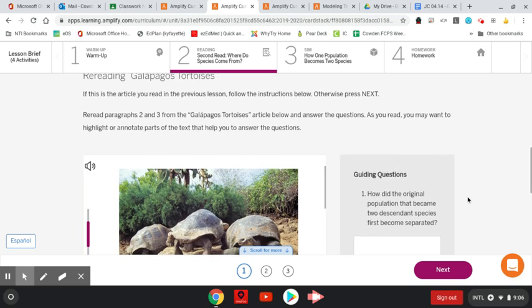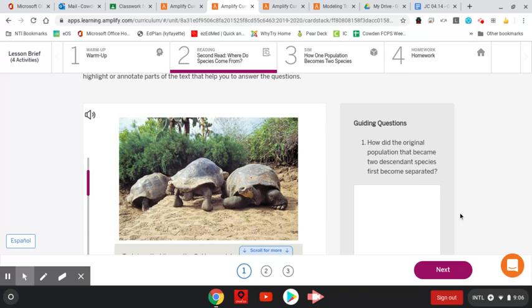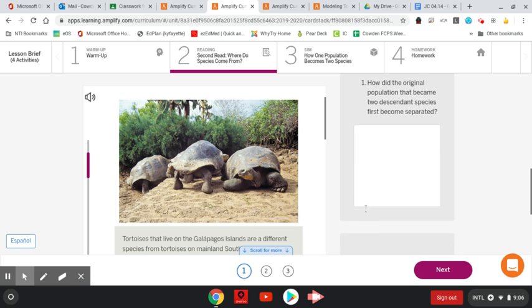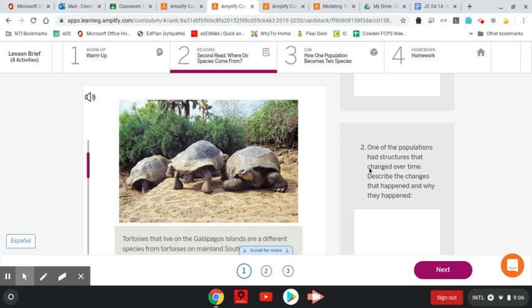So, how did the original population that became two different descendant species first become separated? So, how did the turtles on the mainland versus the Galapagos get separated? What happened? Okay? One of the populations had structures that changed over time. Describe what happened.